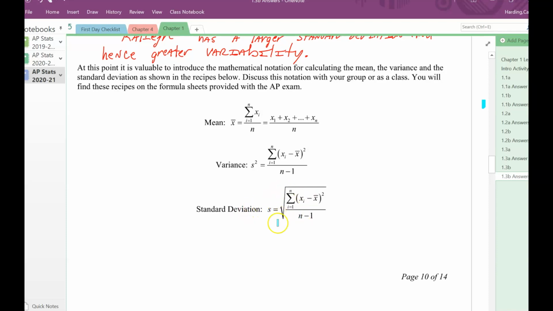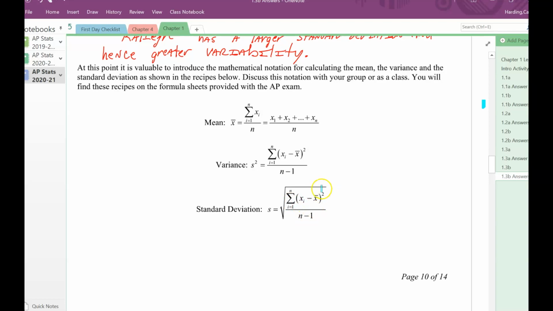Now we discussed just in general how to find standard deviation, but specifically you're adding up the distances of all of the values from the mean, squaring it. I apologize, I just said that backwards. You're going to find the distance from the mean, square it, and then add them all up.